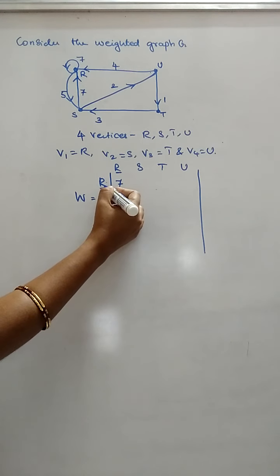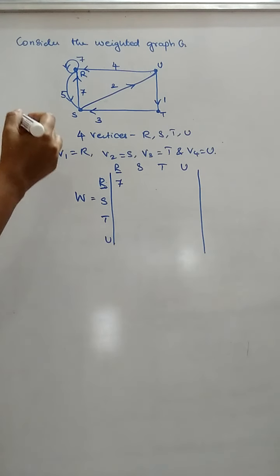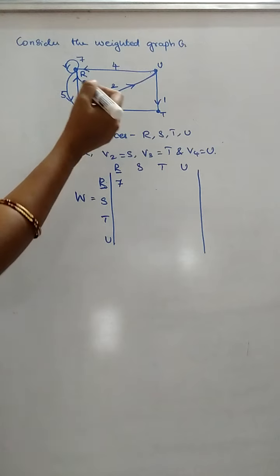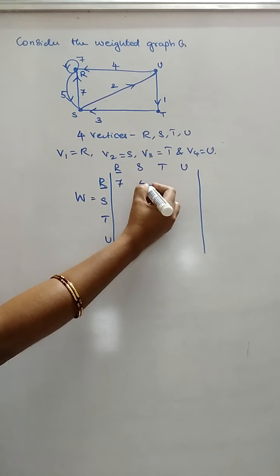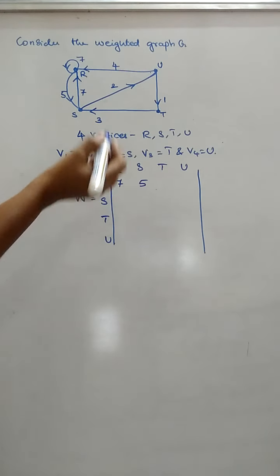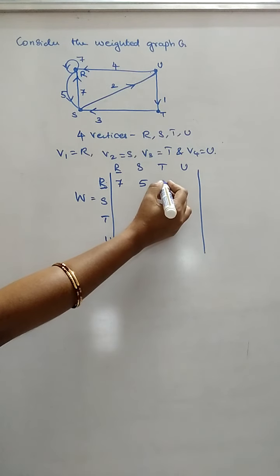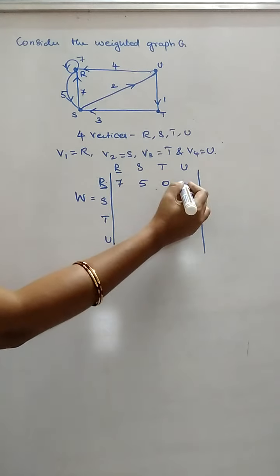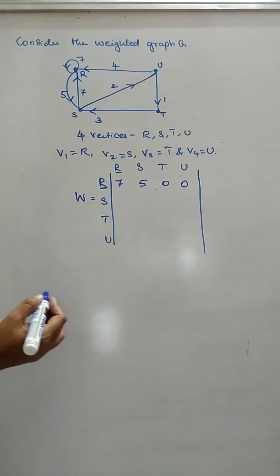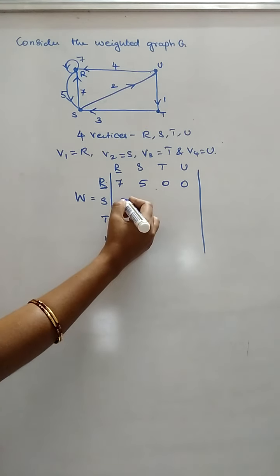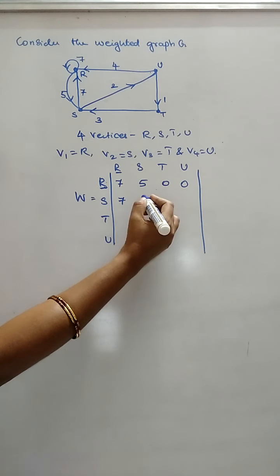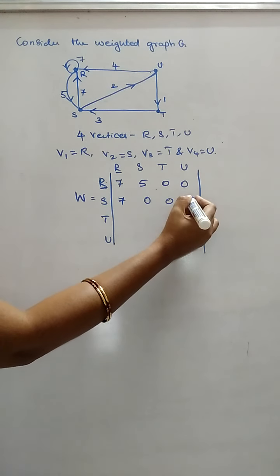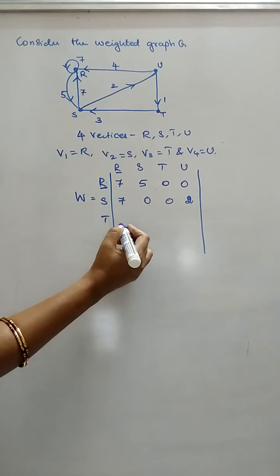And then I am checking for R to S. For R to S, it's 5. And for R to T, no edge is there. So here I can write 0. And R to U, no edge, I can write 0 here. And for S to R, I have 7. Then 0, 0, 2. Okay.